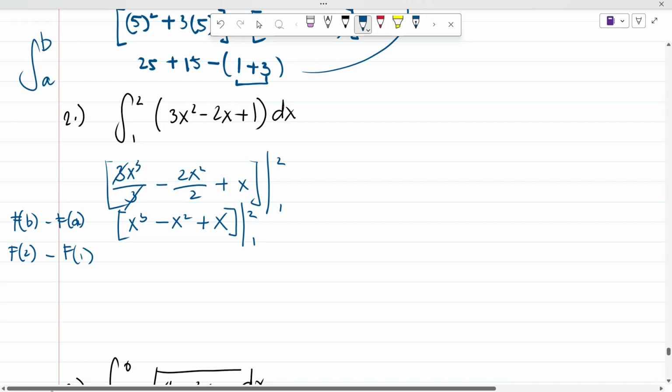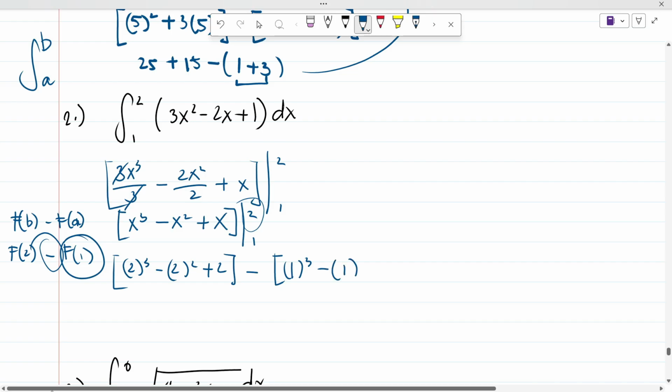First, substitute the value 2 for all the x: 2 cubed minus 2 squared plus 2, minus, for 1, 1 cubed minus 1 squared plus 1. So this is 8 minus 4 plus 2 minus 1 plus 1.